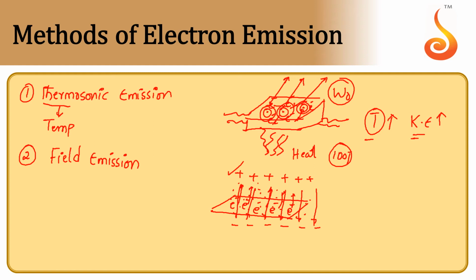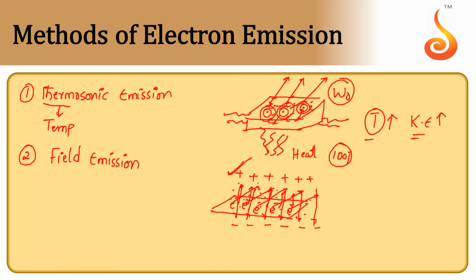So the medium which exists between the plates will be electrified, and the electrons on the plates will try to come out, because the medium will start acting like a conductor, and because of this huge external electric field, the electrons start coming out. But this method is also not that efficient, and it is not that safe.